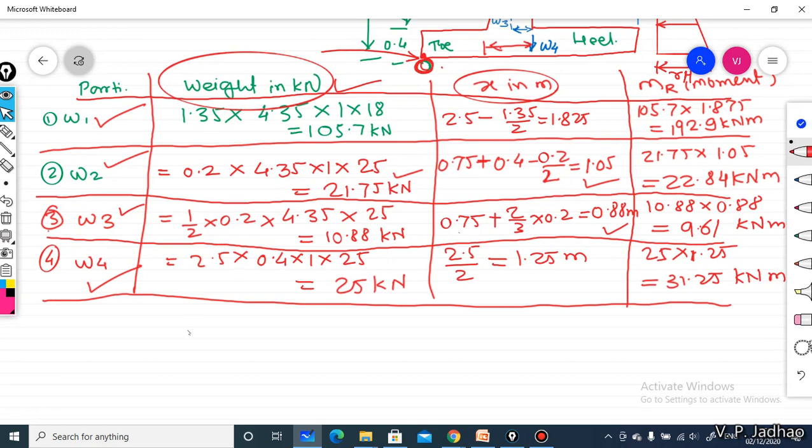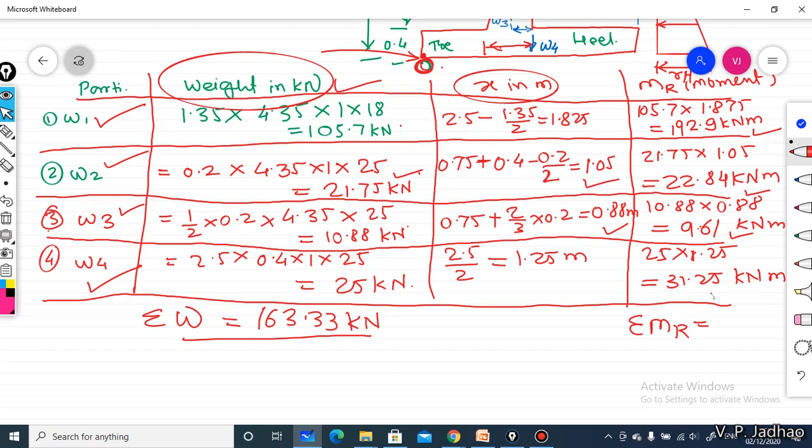Okay, we'll take the summation of all these forces, W1, W2, W3 and W4. Summation of W comes out to be 163.33 kilonewton. And summation of the resisting moment, summing 192.9, 22.84, 9.61 and 31.25, we get 256.66 kilonewton meter.